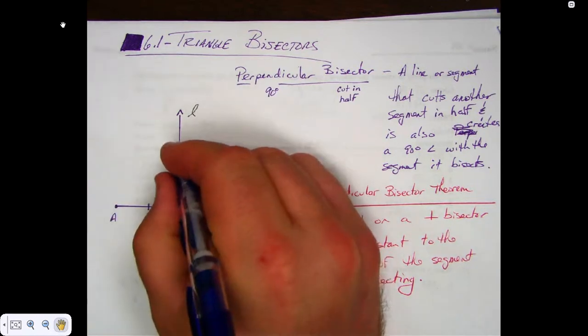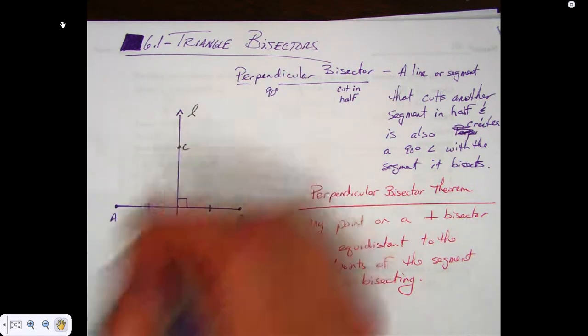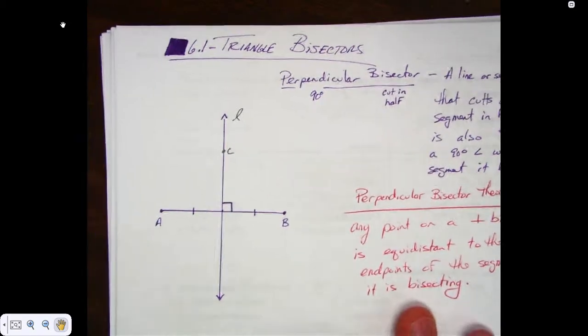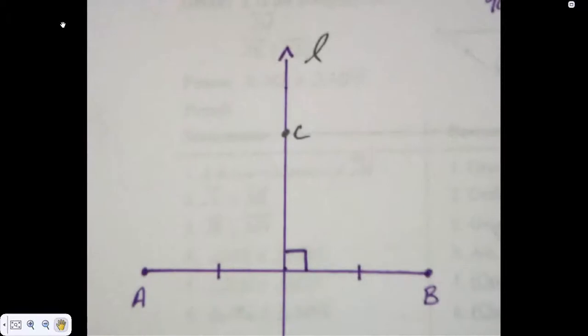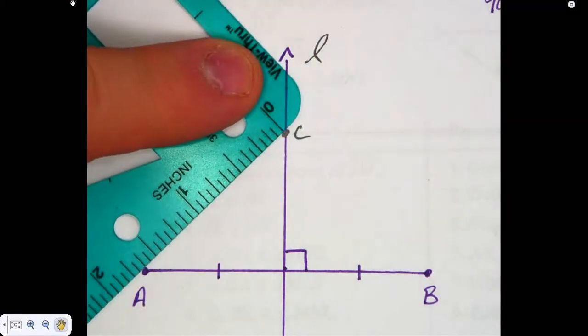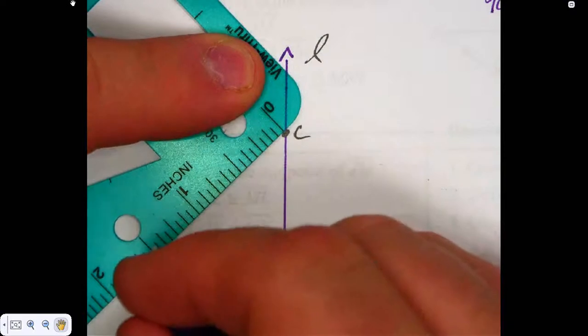So that means if I drew a point up here and I called it C, what does that mean? That should be what? Equidistant to what? Each endpoint. And let's zoom in and see if that turns out to be true. What about right here?